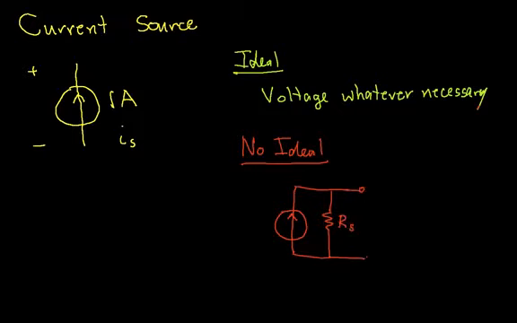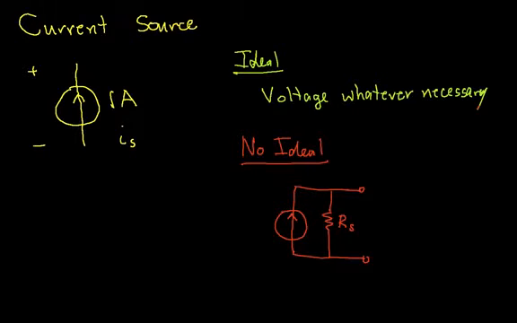This representation is mathematically equivalent to the representation that we had for the non-ideal voltage source. This is a particular instance of source transformation, which is a topic that we'll get to quite a bit later.